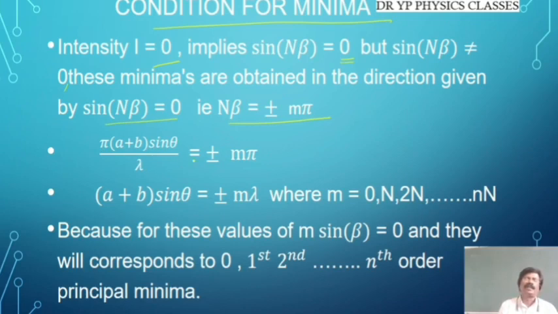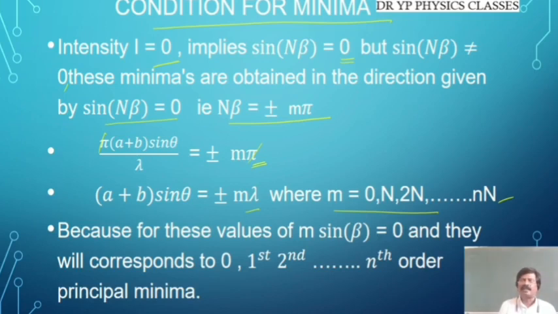Pi into (a plus b) sin theta by lambda is equal to plus or minus m pi. Pi and pi get cancelled again. So (a plus b) sin theta is equal to plus or minus m lambda, where m is equal to 0, n, 2n, etc. N is the number of rulings.